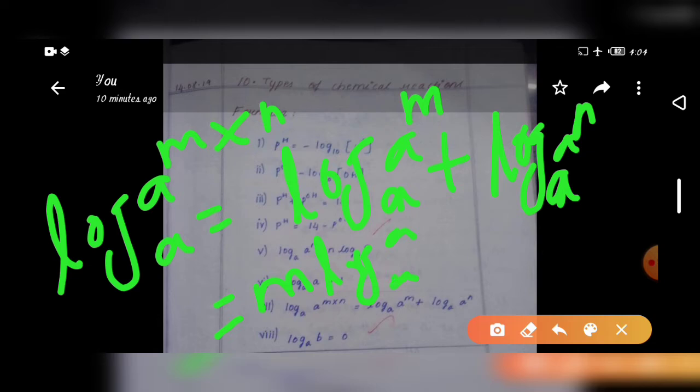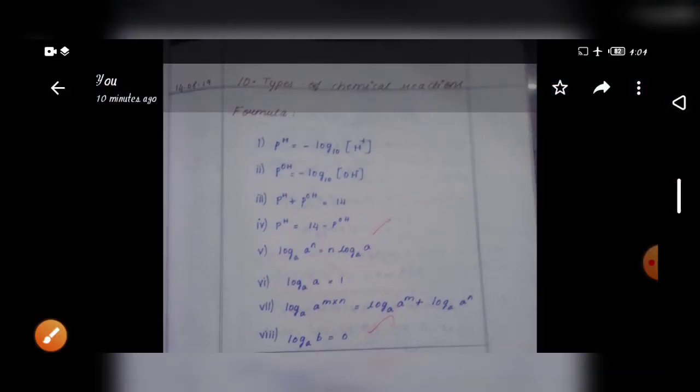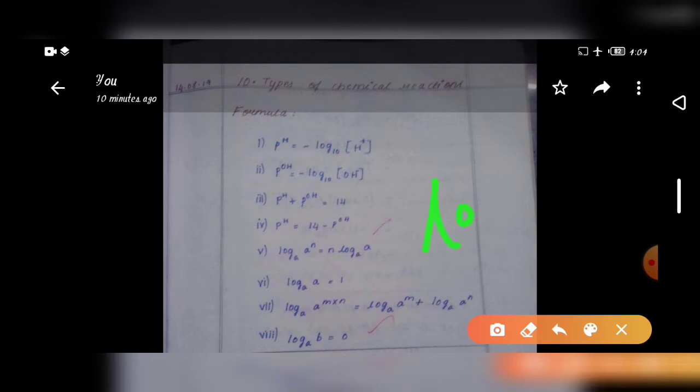This value is 1. Suppose this value changes, here B will come, so the value will differ. The power will change, and the value is log B, that is, log of B base A is equal to 0.